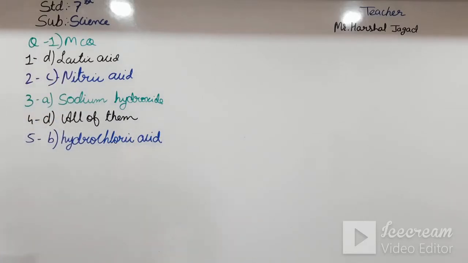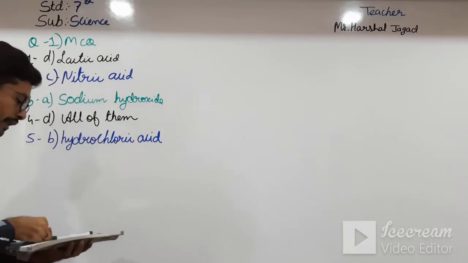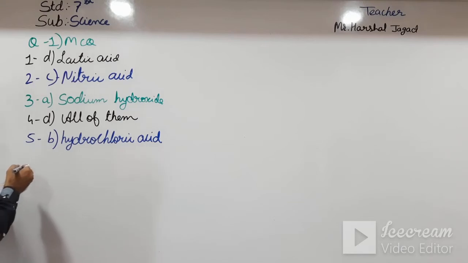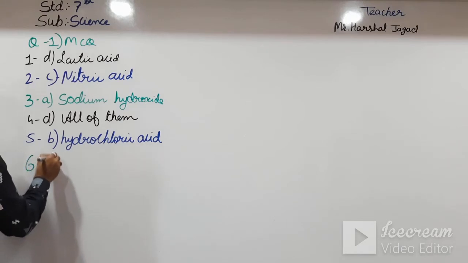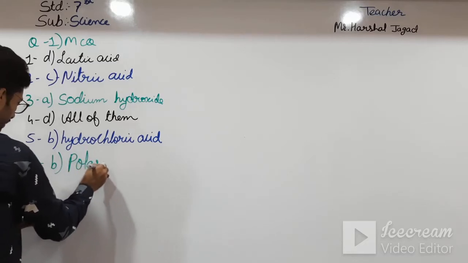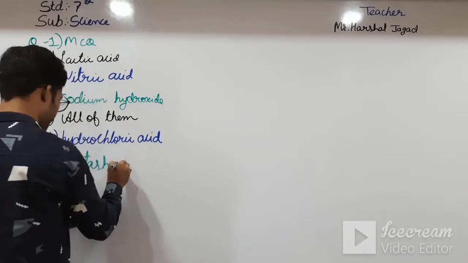Sixth and last, which of the following is used for cleaning water? That is potash alum. The sixth one is B, potash alum.